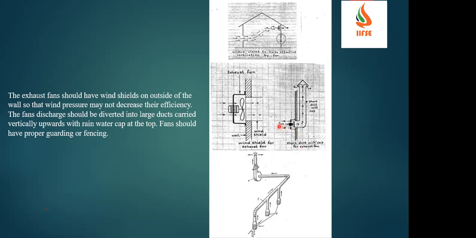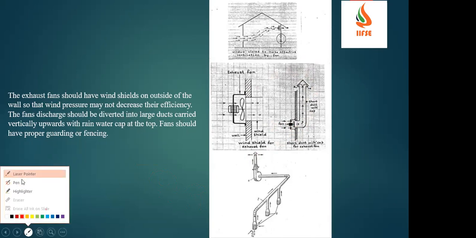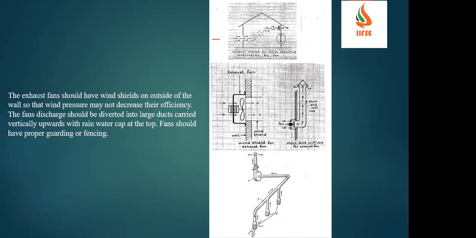So once it is exhausted, if there is any building close by we can't discharge directly. So this exhaust fan is connected to a chimney or a duct with a rainwater cap to avoid water getting inside. So this exhaust air will go out. As I mentioned, you see here, there is an inlet of air, and here I have an exhaust fan.